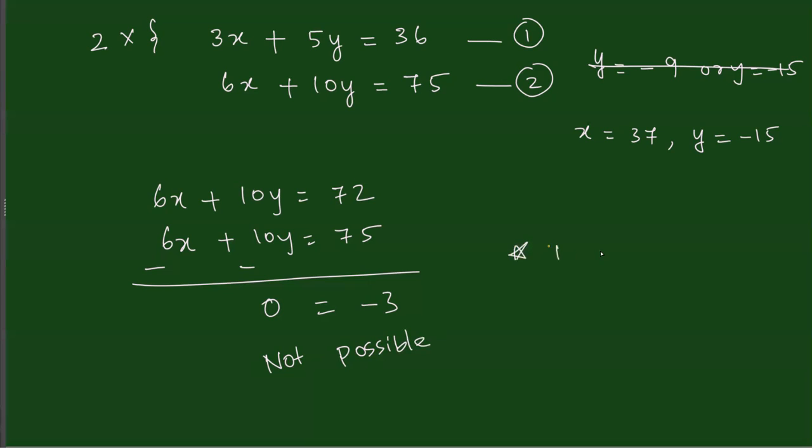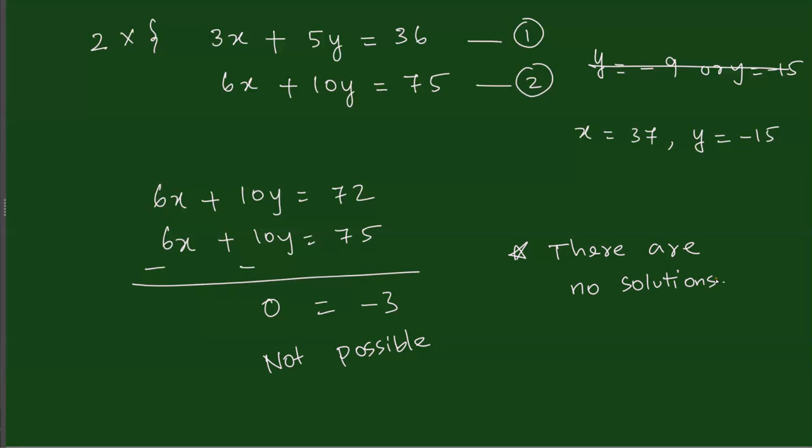Sir, when I did this, I got x as 27.5. When I was subtracting, the equations I got were 30x plus 50y equal to 360, and the second one was 30x plus 50y equal to 375.